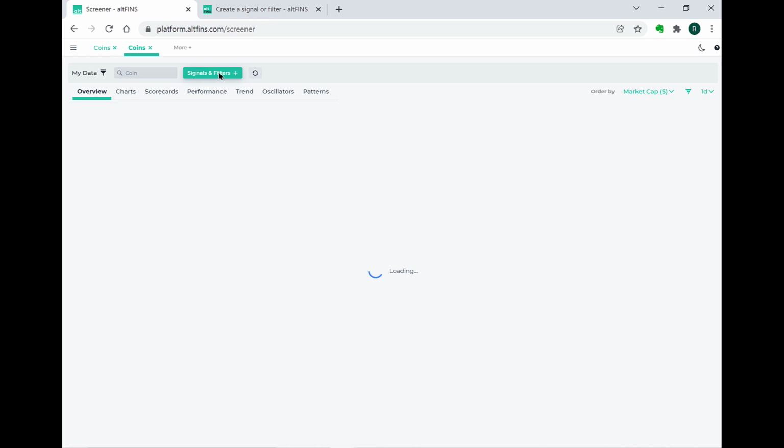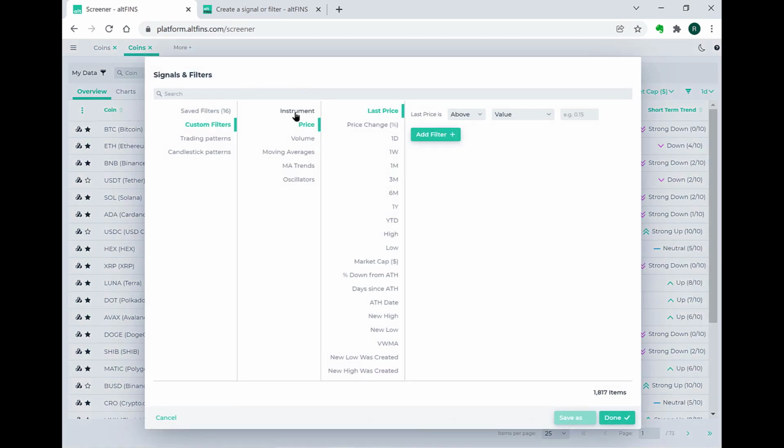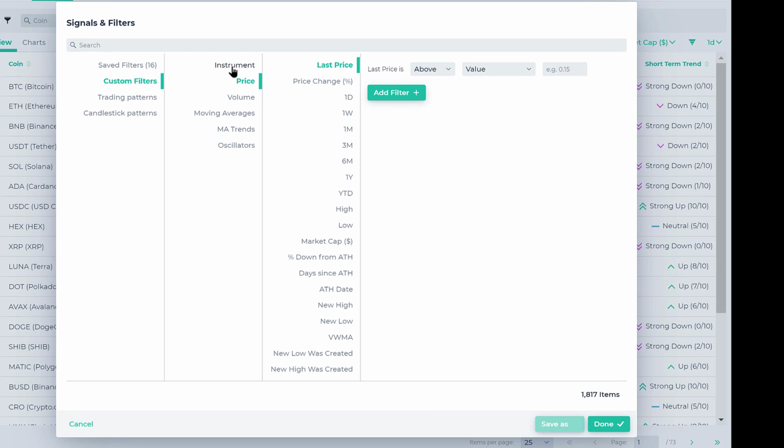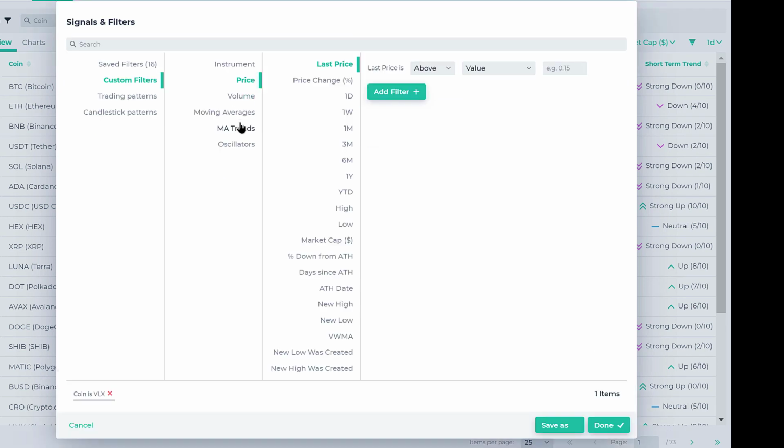The way we do that, I've demonstrated this before, but I will continue to do that. We'll go to the screener under signals and filters. The instrument in this case is VLX. So I'll select that, add to the filter, and we want to be alerted when the price is below, in this case, 40 cents.